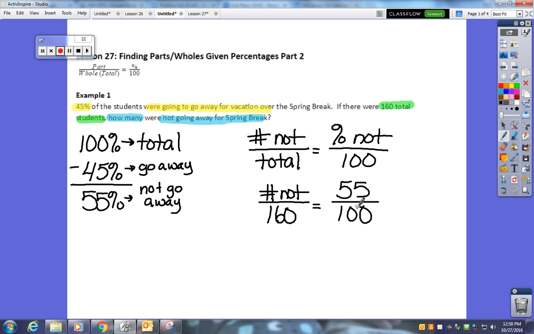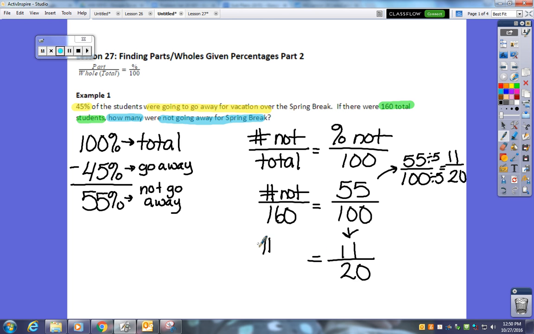We will have to do some simplifying before we can find our answer. In this case, 55 over 100 can be simplified by dividing both our numerator and our denominator by 5, which will give us 11/20. 20 times 8 gives us 160.